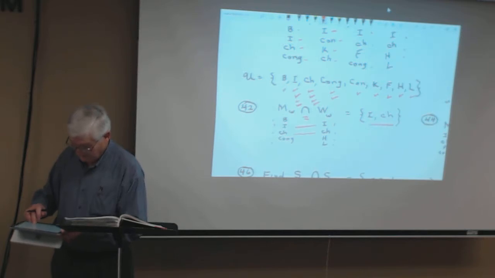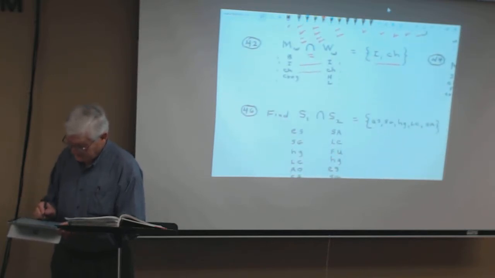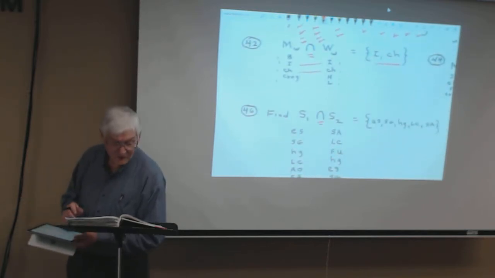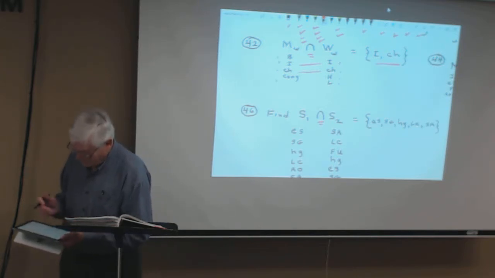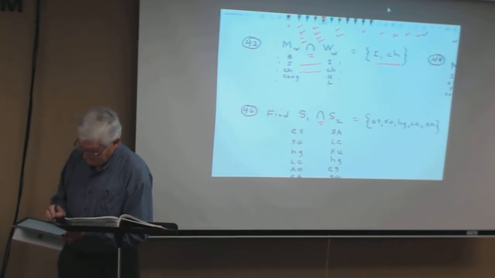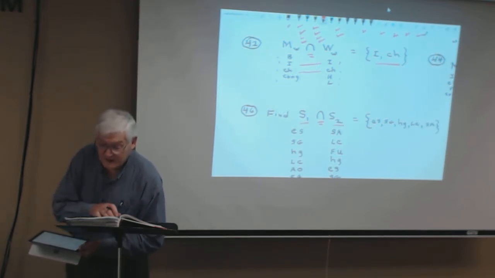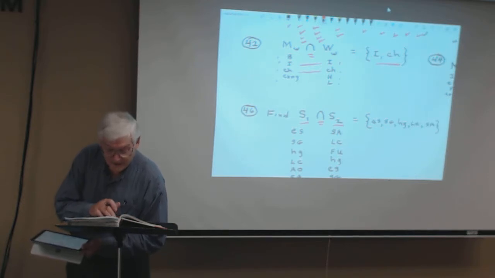Okay. 46. What's the intersection? What do we do? Just change to another problem? Sure enough. What's the intersection of S sub 1 and S sub 2? Now, see in the book on page 71? Now, they didn't put it there, but in my book, I have it written. Is it written in your book? First year is S sub 1.